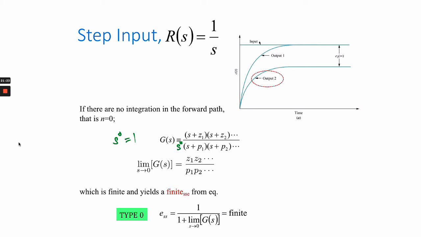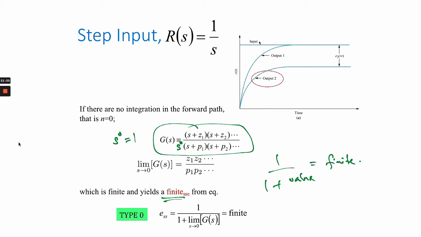So G(s) equals this term, and when we apply the limit of G(s), we have z1 z2 over p1 p2, which gives you some finite value. So for a type 0 system, we have 1 over 1 plus some finite value, which will give you some finite output.